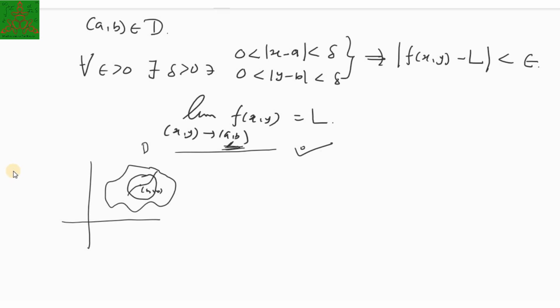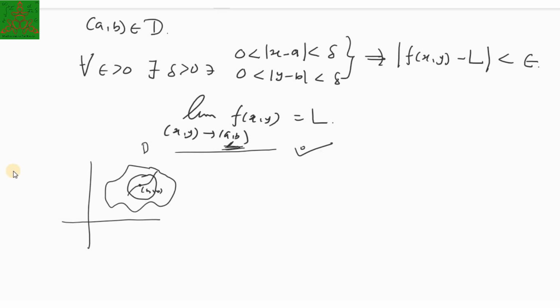In the previous lecture, we discussed that if you are approaching this point by different paths, and the answer of the limit of this function is different, then we can say that the limit does not exist.